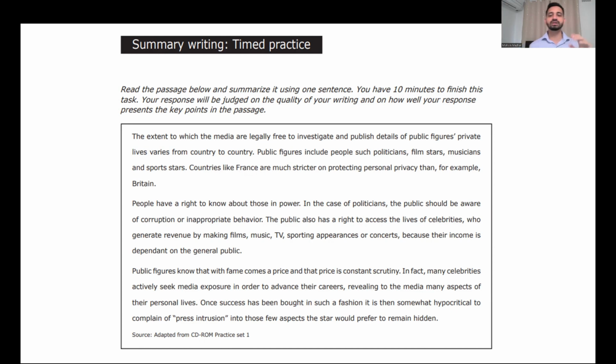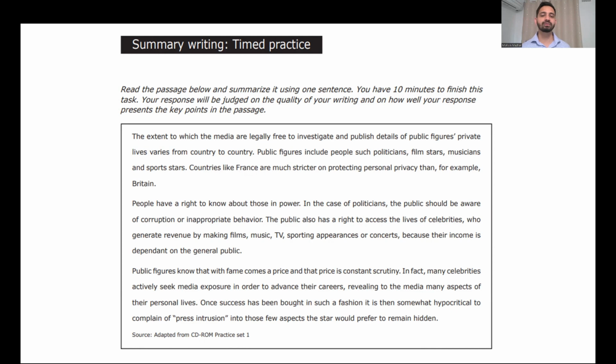Public figures include people such as politicians, film stars, musicians, and sports stars. Countries like France are much stricter on protecting personal privacy than, for example, Britain.